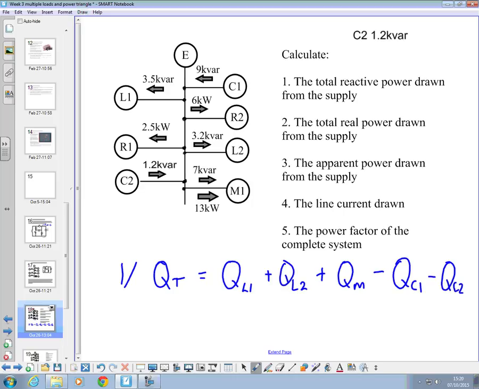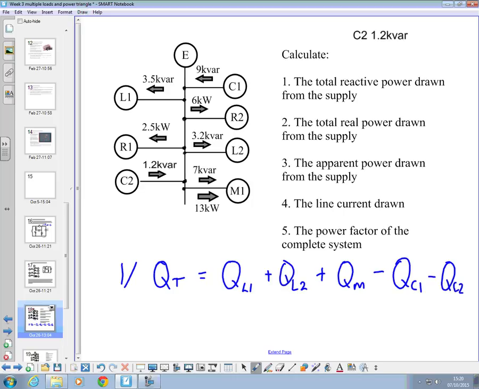We could equally argue that they're positive and the other ones are negative. We'll still end up with the same answer, magnitude-wise. It'll just have a different direction. It depends whether we want to talk about what's being drawn from the source or what's being given back to the source.